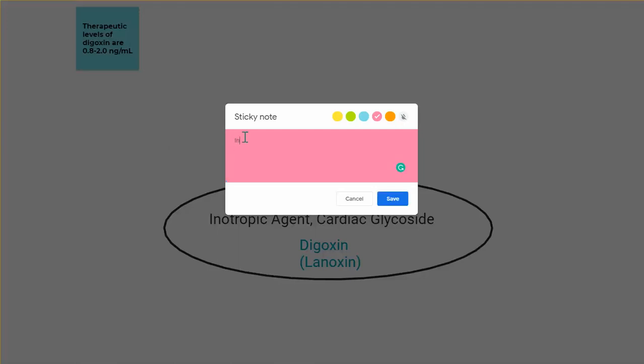So what we see is increases in cardiac contractility, affecting sodium, potassium, ATPase, and affecting calcium.